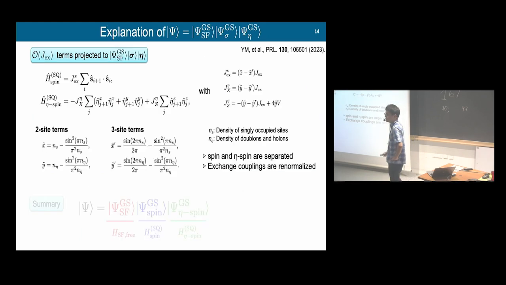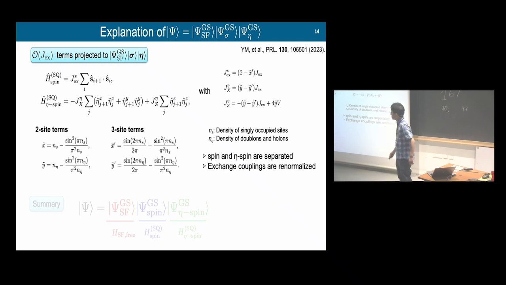So we apply the degenerate perturbation theory. That means we make a projection of the perturbative terms at the order of the exchange energy to this degenerate subspace. And at the end of the day, we get a block-diagonalized Hamiltonian for the spin part and the eta spin part.